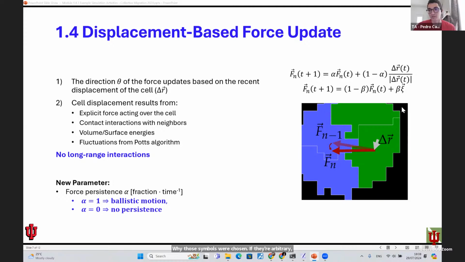Sure. Of course, they are arbitrary. I mean, some of the symbols are not. For example, delta is not arbitrary, it's a variation. This bar is not arbitrary, it is an absolute value. But R is arbitrary, though universally it is how you refer to a position in space.